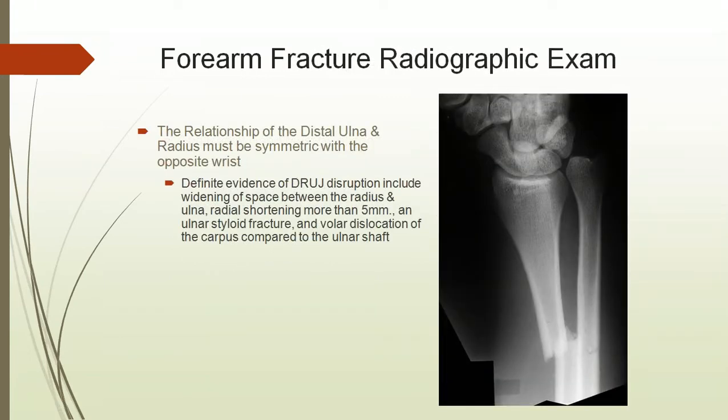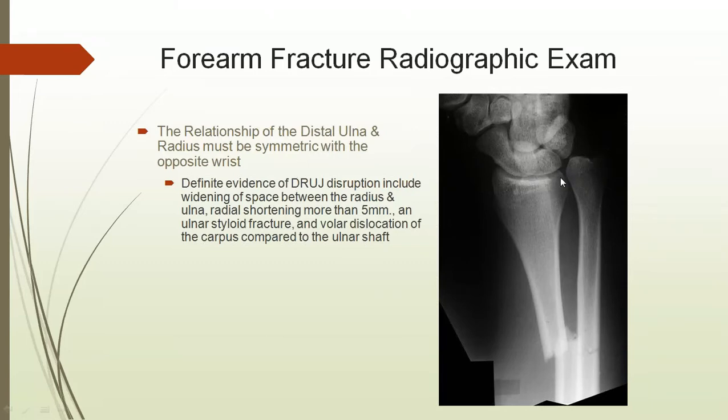In forearm fracture radiographs, the relationship of the distal ulna and radius must be symmetrical. See, there is a fracture of the distal lower one third of the radius here, associated with disruption of the wrist joint, a disturbance in the distal radioulnar joint.